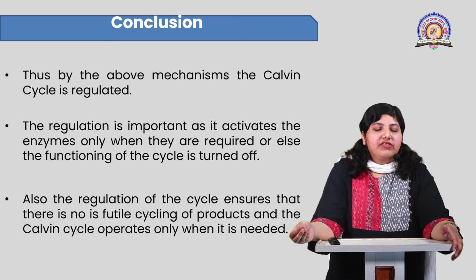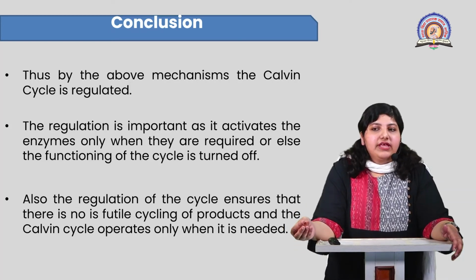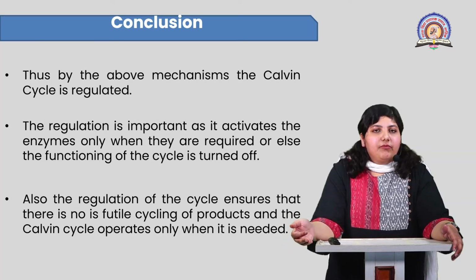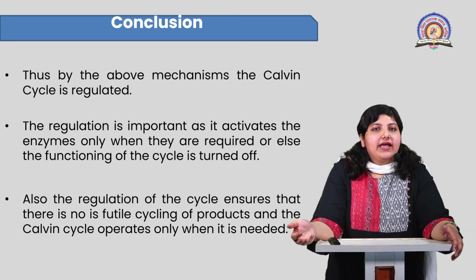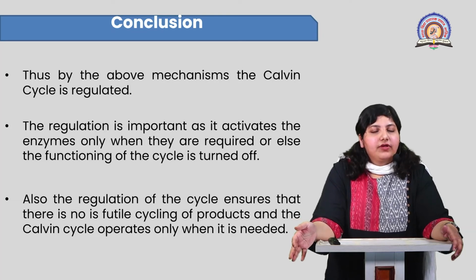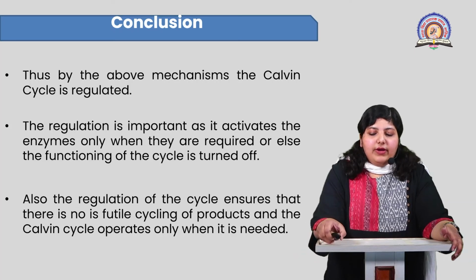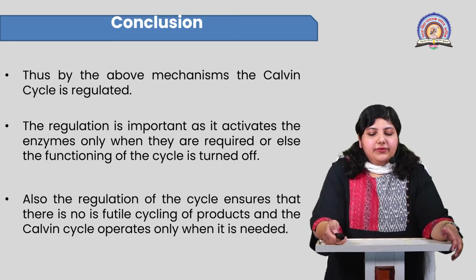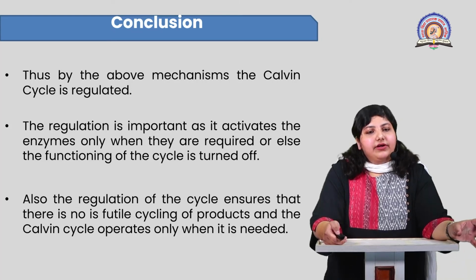There should be no wasting of resources. So these enzymes are inhibited during the dark, and wasteful or futile cycling of products is prevented. So that is why this regulation of the Calvin cycle is important, so that the cycle is turned on only when it is needed.